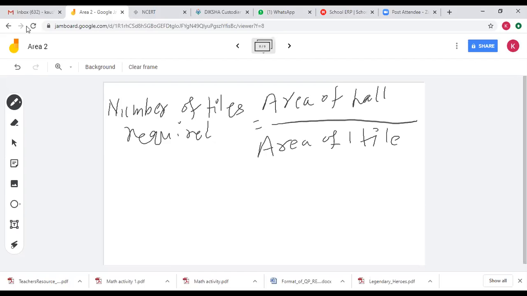So area of hall was 109,200 divided by 400. What will be the answer?